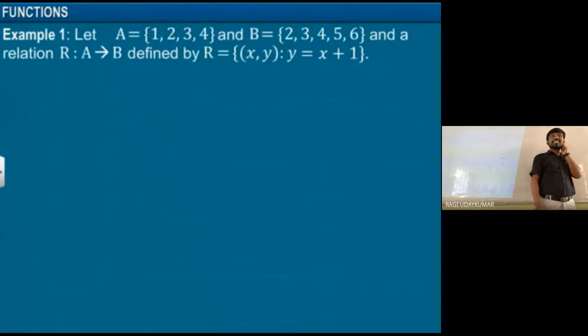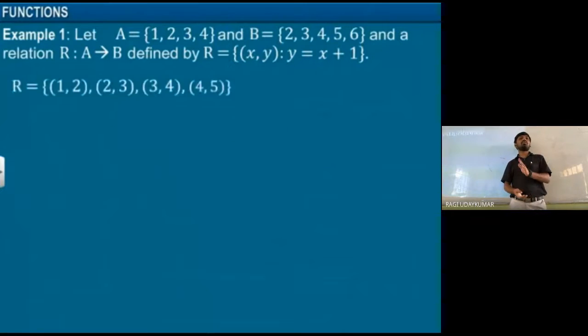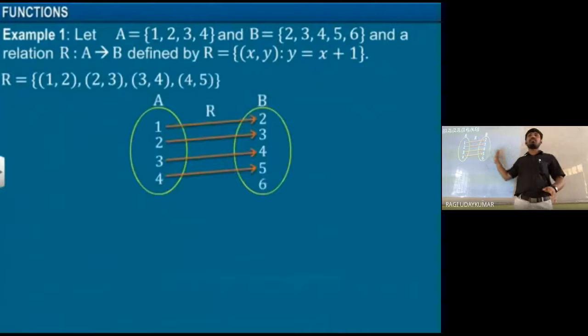You have to verify whether this relation is a function or not. Can you tell me what you are going to get? 1 comma 2, 2 comma 3, 3 comma 4. When you observe diagrammatically, easily you can say 1 is related to 2, 2 is related to 3, 3 is related to 4. All the elements are having the correspondence.